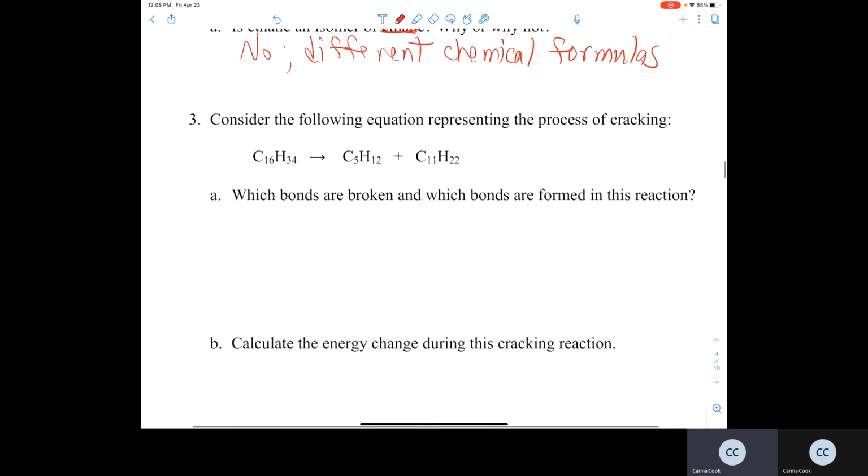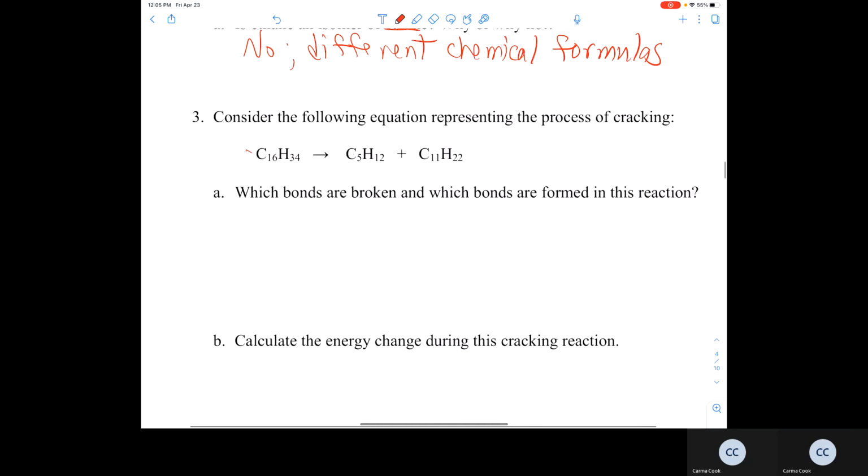Next question. We have a reaction that's representing the process of cracking a 16 carbon alkane. The formula is CnH2n+2.